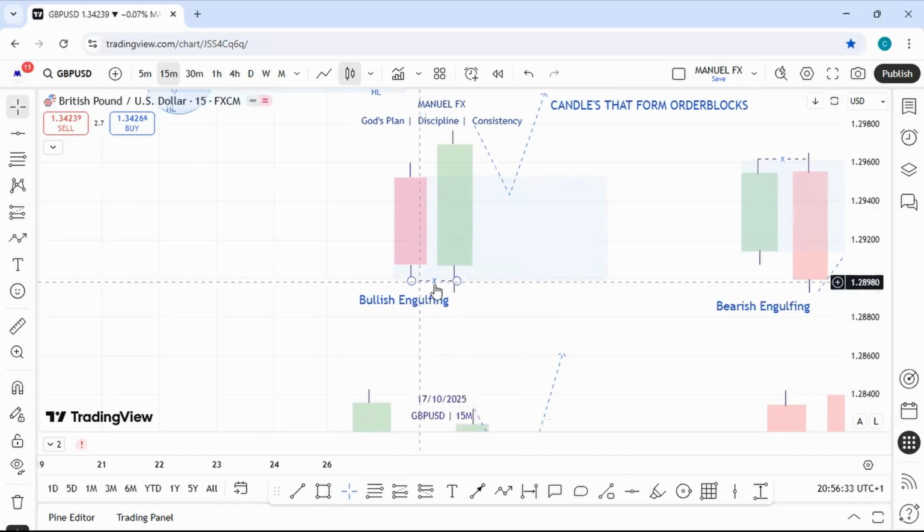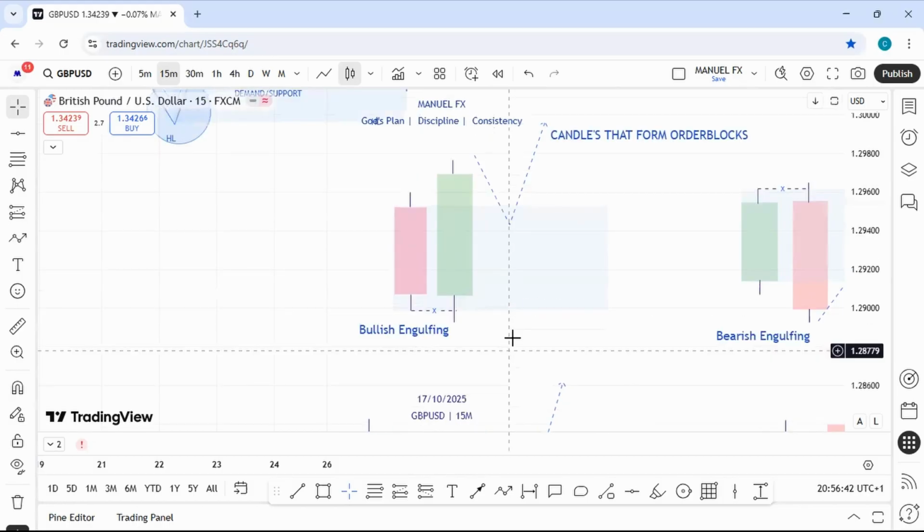And can you see? He swept it. So not only the body swept this one, the wick also swept it. Then we know that this is bullish engulfing.